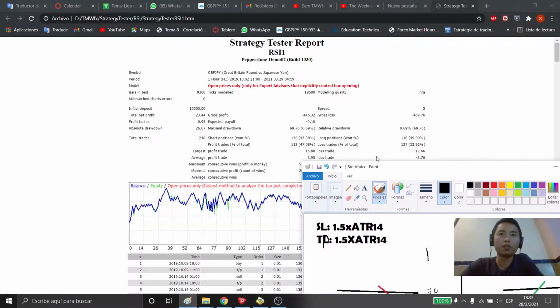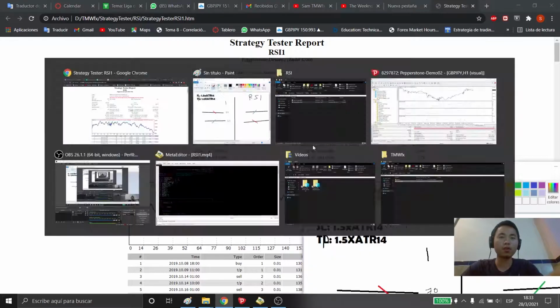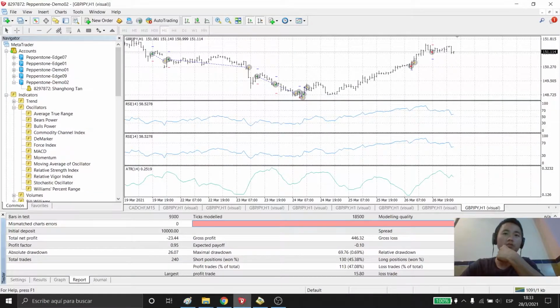The profit rate is 47.8. Let's take a note. Not so good. It's below 50%, which means it's quite neutral, even worse than neutral.